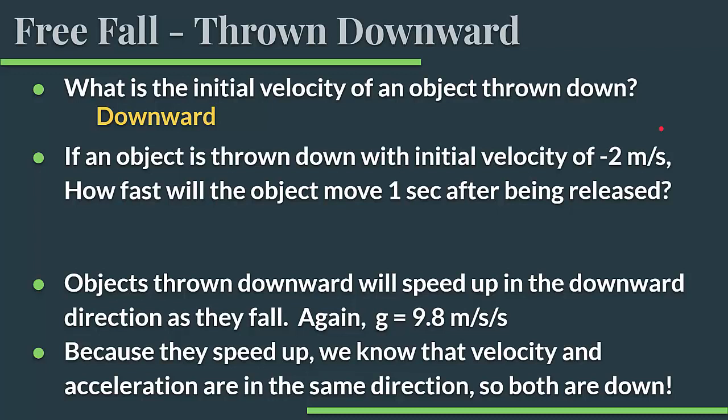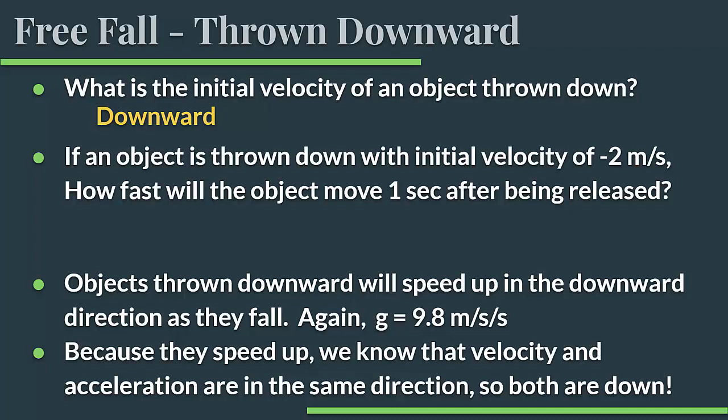If the object is thrown down with an initial velocity of -2 meters per second, how fast will the object move 1 second after being released? So you can see here I've already defined the negative direction as being downward. And so how fast is it going to move 1 second after? Well, again, that acceleration due to gravity is also downward.